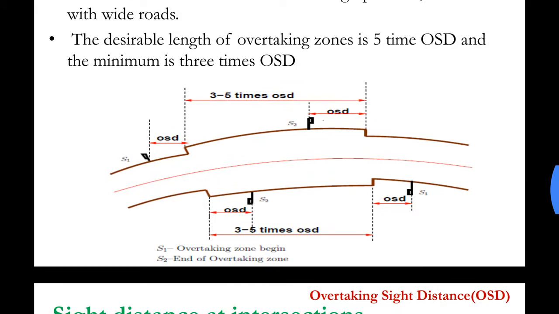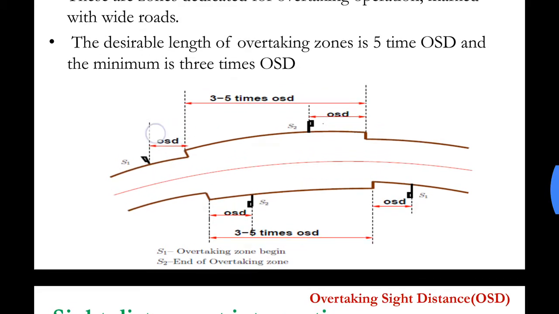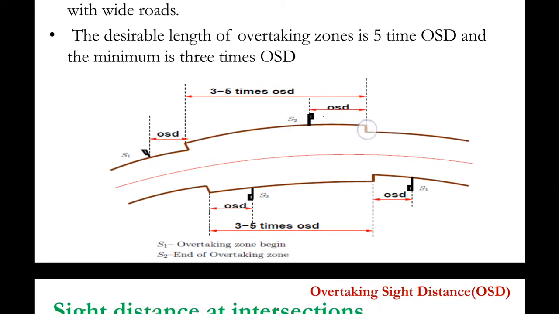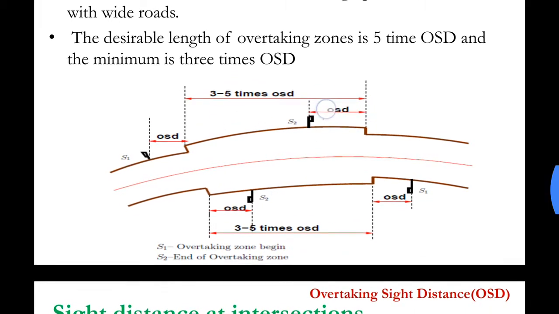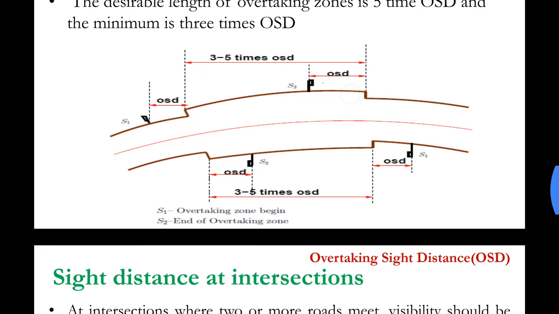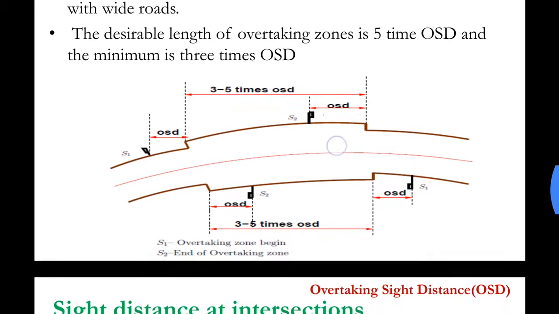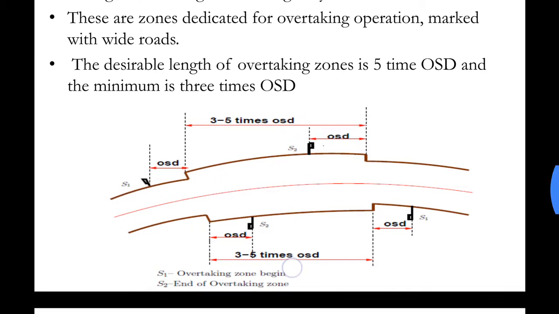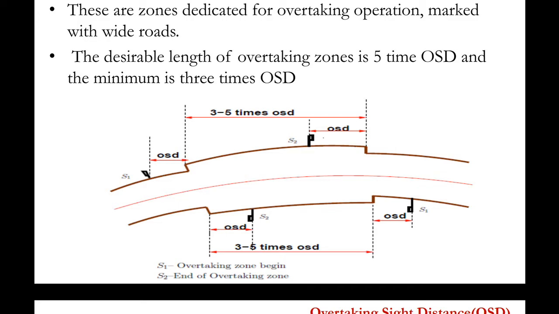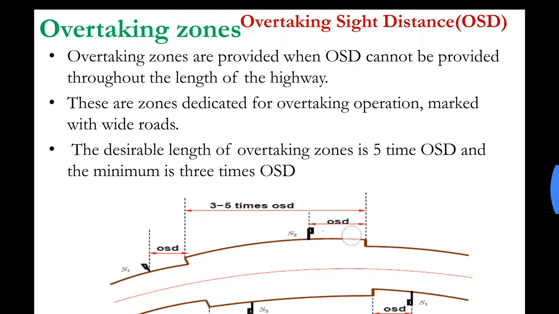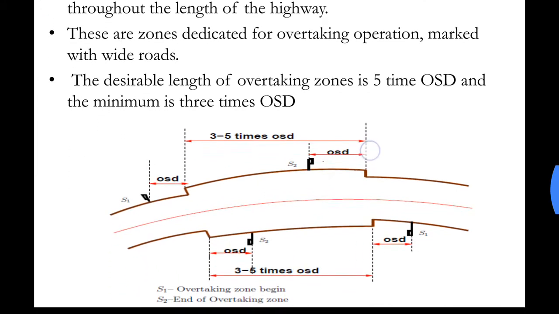These signposts are provided at a distance of OHD from the start of the overtaking zone, and also at a distance OHD before the end of the overtaking zone. Now what is to be written on these signposts? On signpost 1, overtaking zone begins, and on signpost 2, end of overtaking zone. Now this is about the overtaking zone.